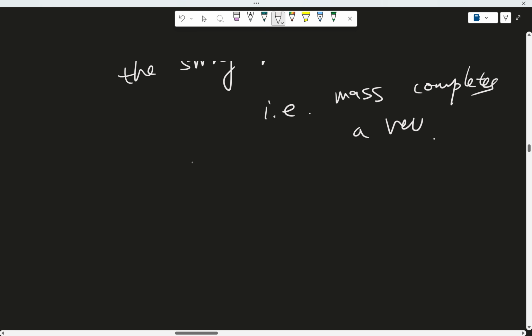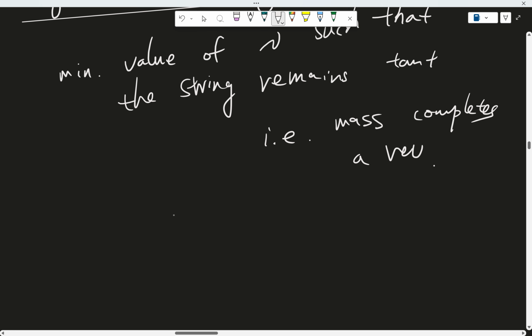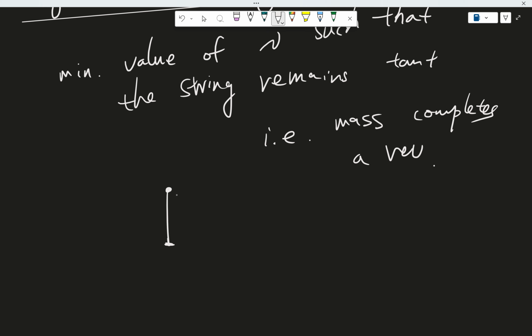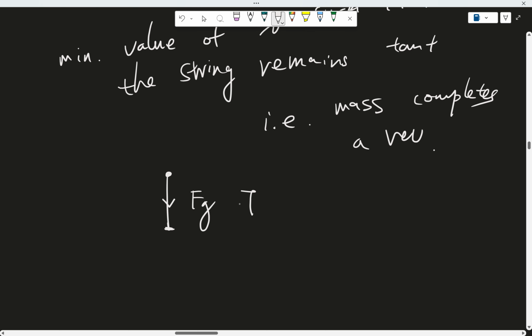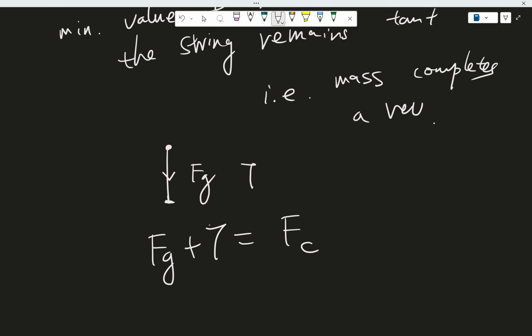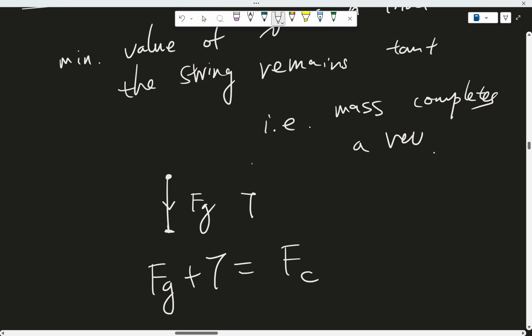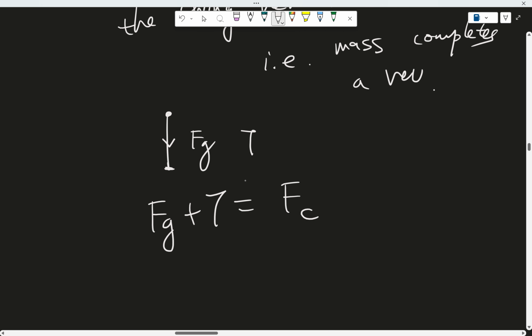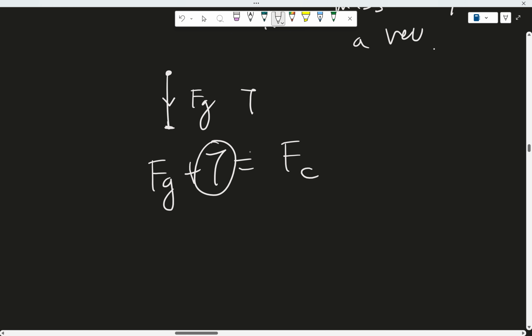So let's go back to the basics here. We know that when this sphere is at its highest point, and imagine that is the peg here, what forces act upon it? Well, we have gravity, and we have tension. And these two forces, when added together, provide the centripetal force needed to complete this revolution. And so then the minimum velocity must be when this tension is 0.